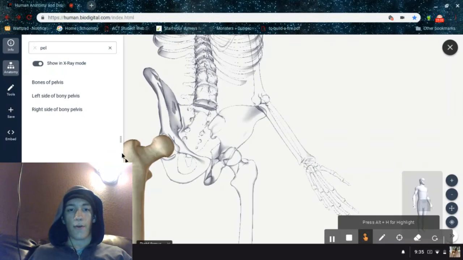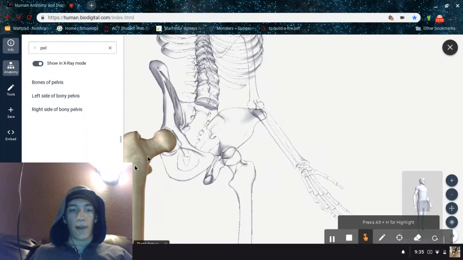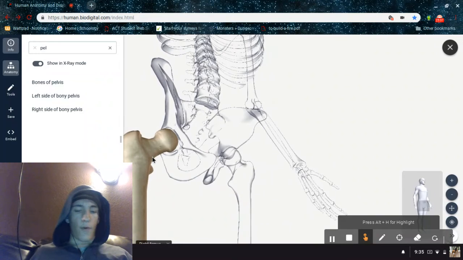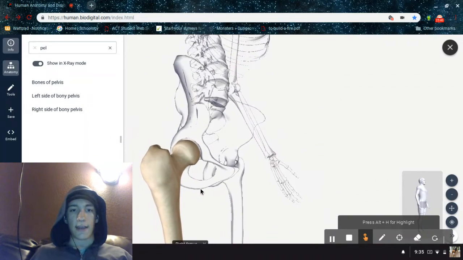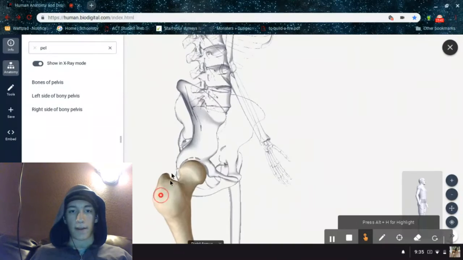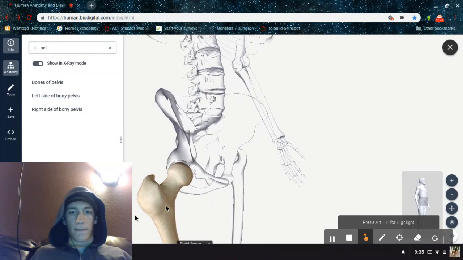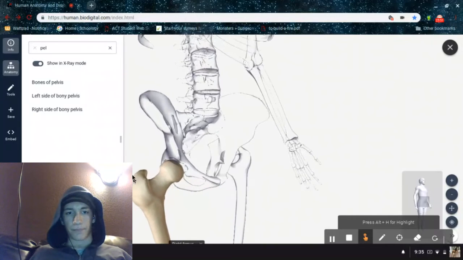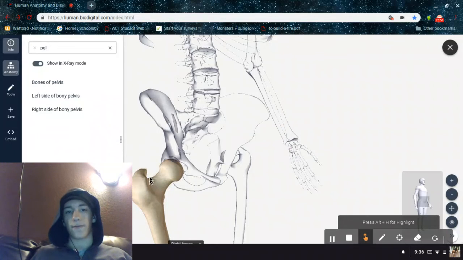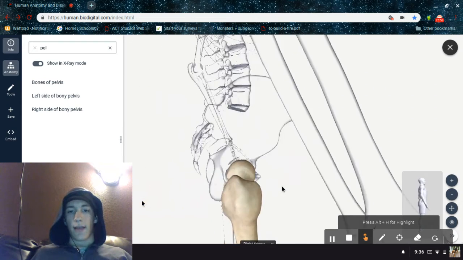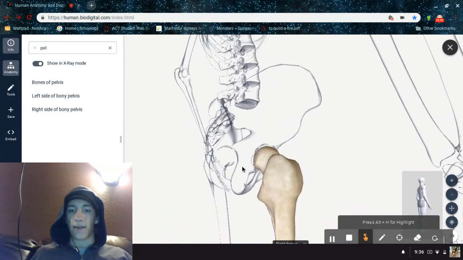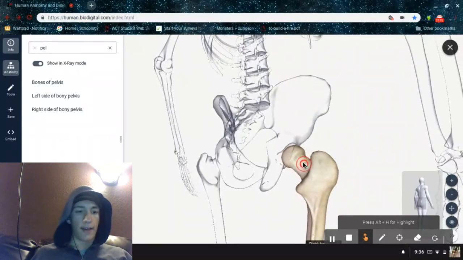So your fovea capitis near the head is right here. See this little depression? That's your fovea capitis. This is not a notch because it's filled all the way with flesh and stuff that actually articulates with itself, so it's a fovea.